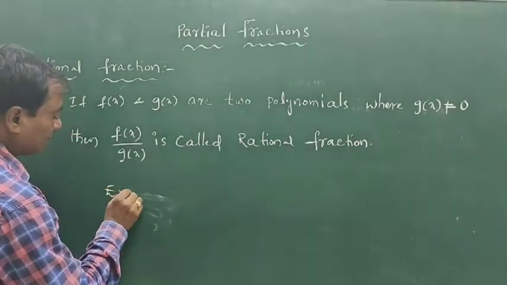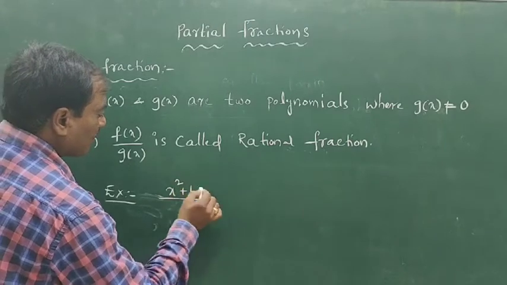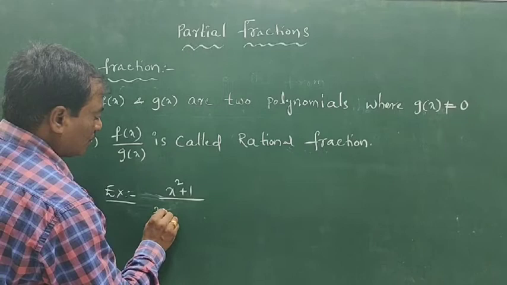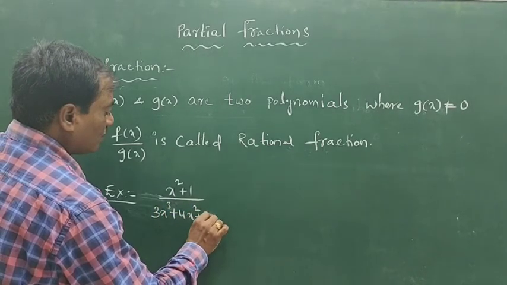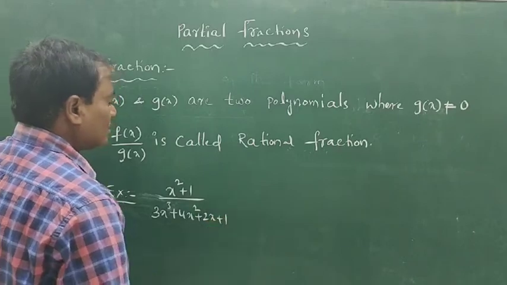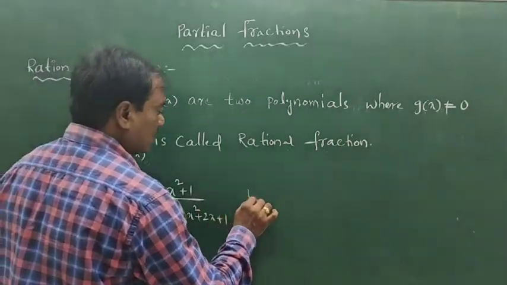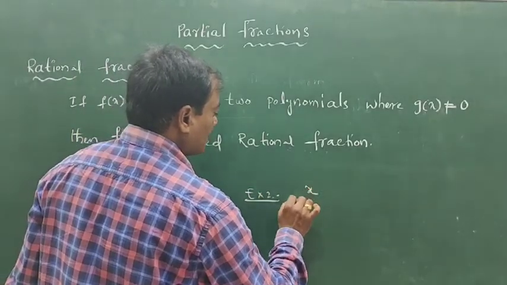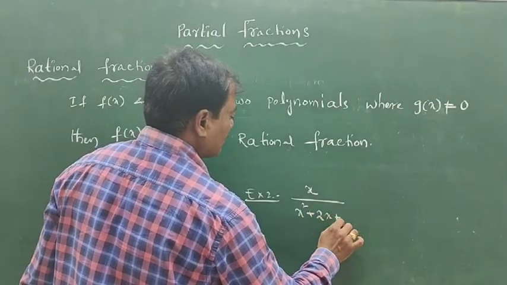Example 1: x square plus 1 by 3x cube plus 4x square plus 2x plus 1. This is the first example, and the second example, Example 2: x by x square plus 2x plus 3.